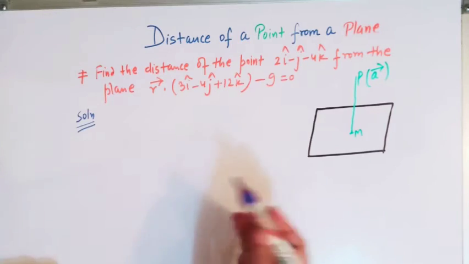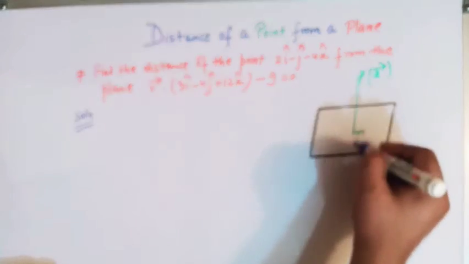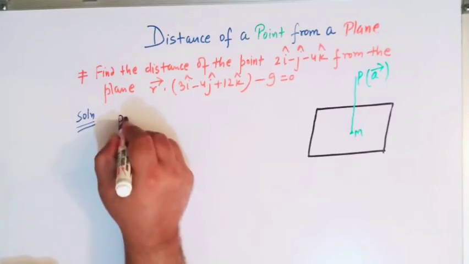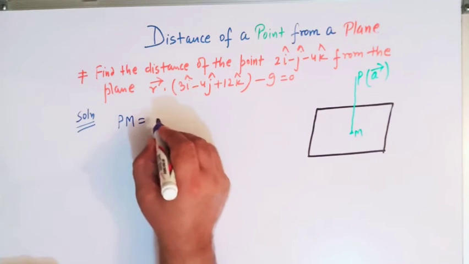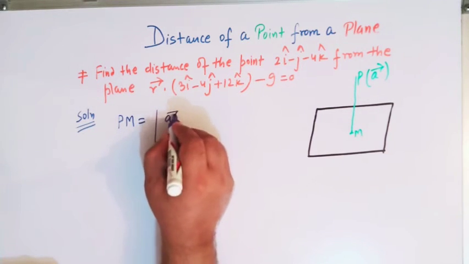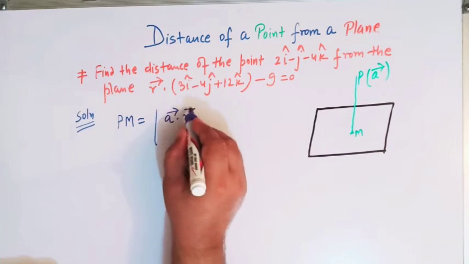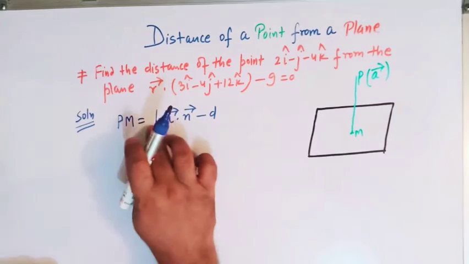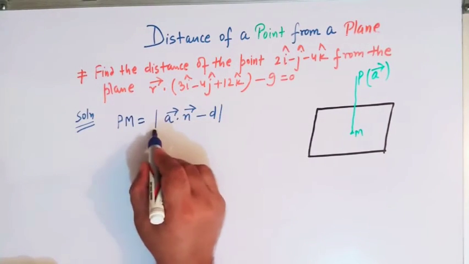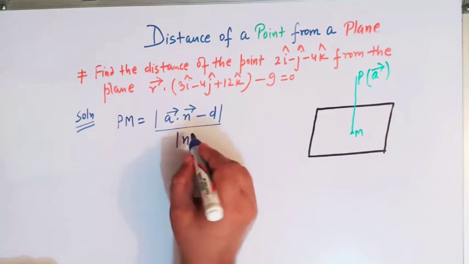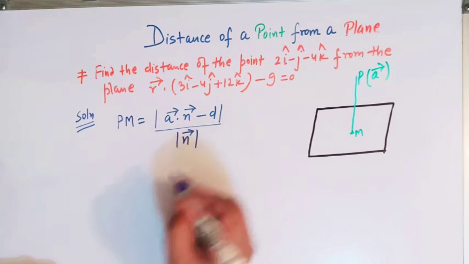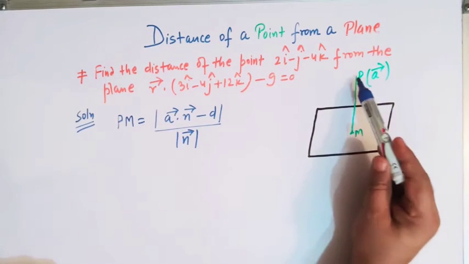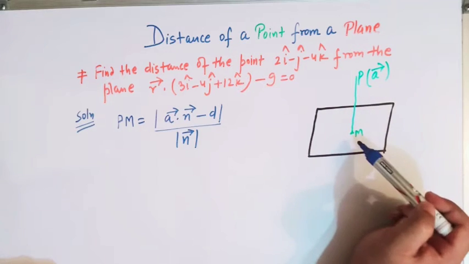Now viewers, we have just seen that we have to find this perpendicular distance PM, and PM is given by the formula a dot n minus d divided by the magnitude of vector n. So this is the vector formula for finding out the perpendicular distance of a point P from this plane.